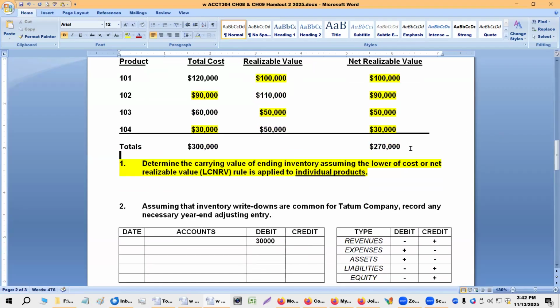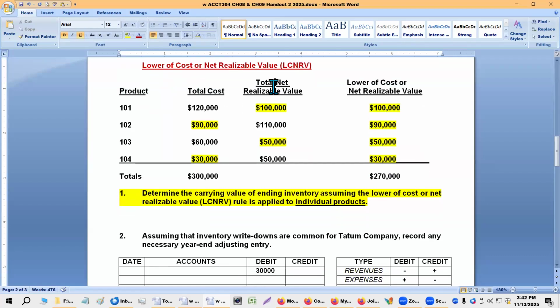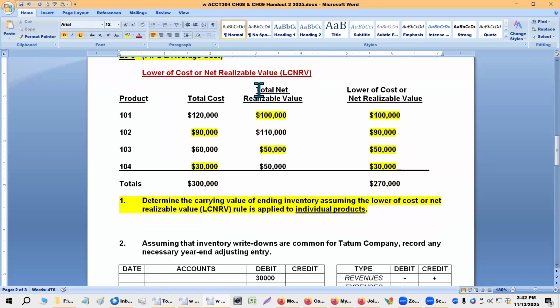Okay, and by the way, if you're wondering what the net realizable value is, it's what you could sell this for minus your selling costs on it. How much are you going to get out of it?